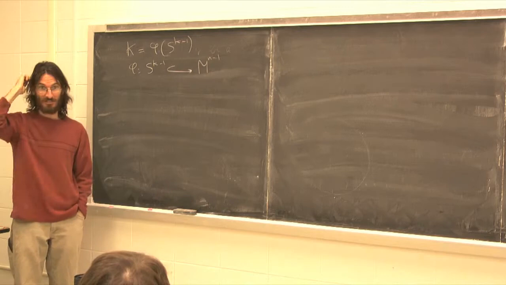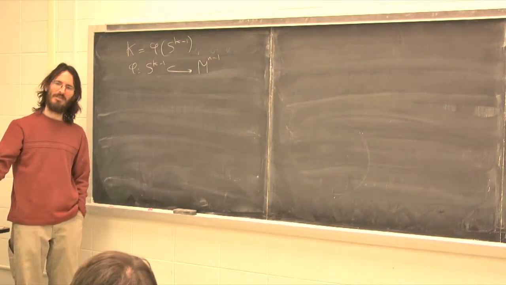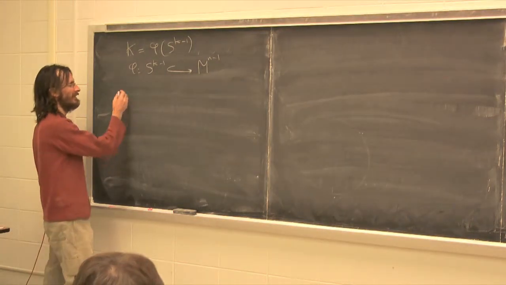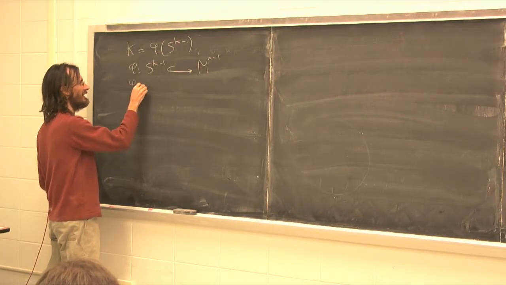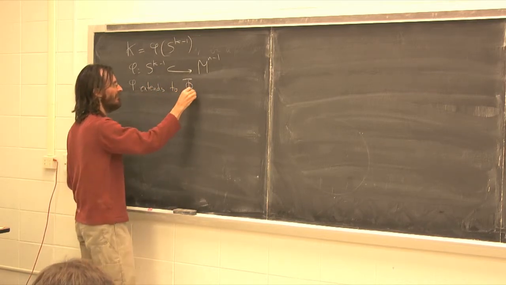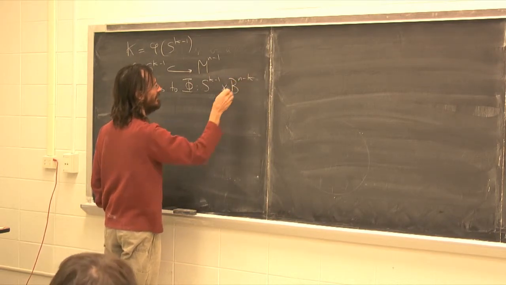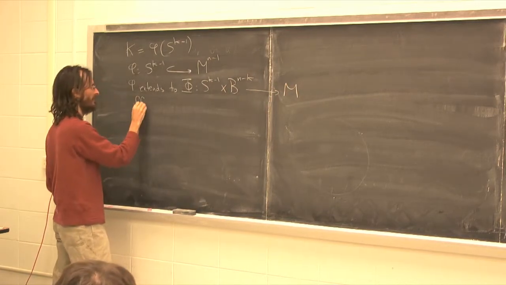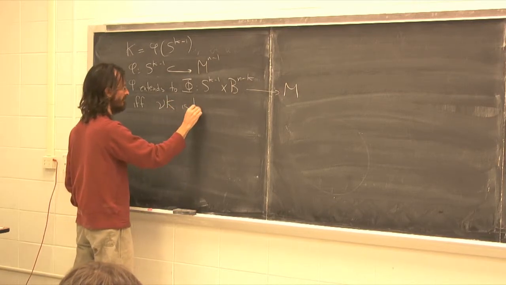All these minus ones are sort of annoying, but that's because I want to remember that this is really coming from building an n-dimensional manifold by attaching a handle along K. And then the question: we said that the embedding extends to a capital Phi from S^(k-1) cross B^(n-k), if and only if the normal bundle of K is trivial.